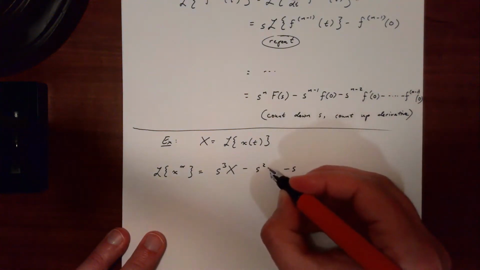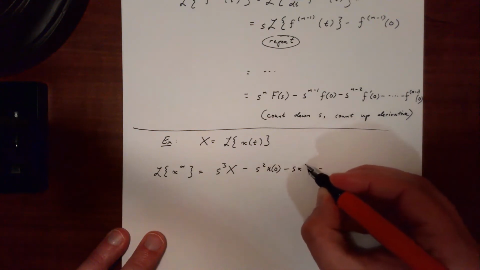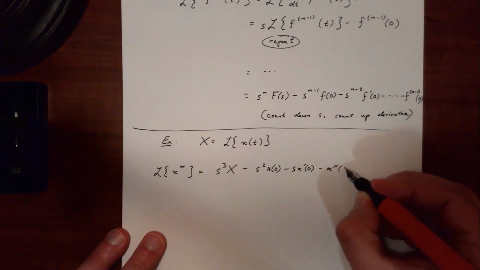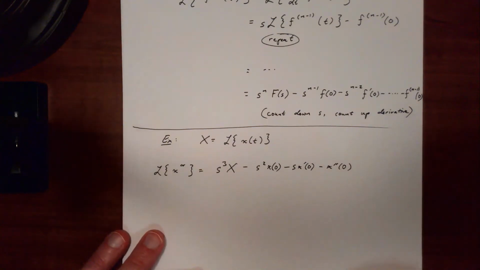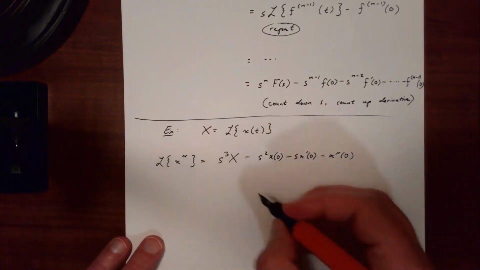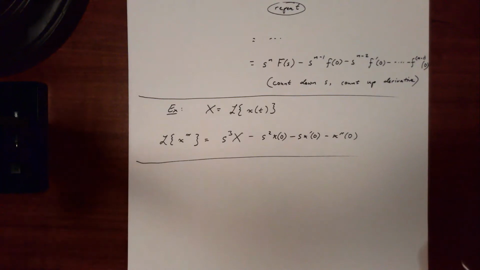And here, we're looking at x of 0, x prime of 0, and then x double prime of 0. So that's how this would get implemented.